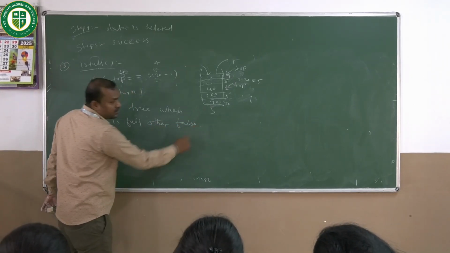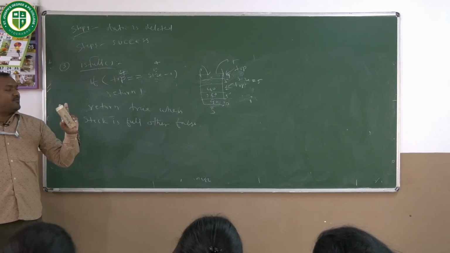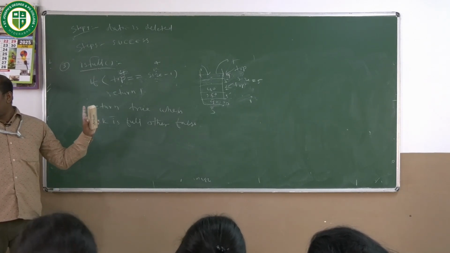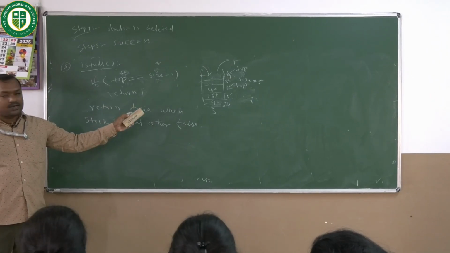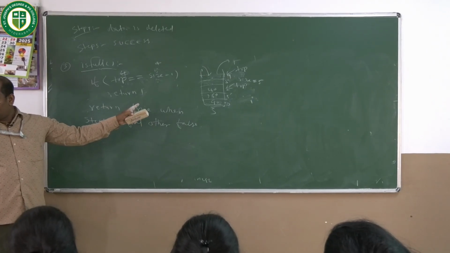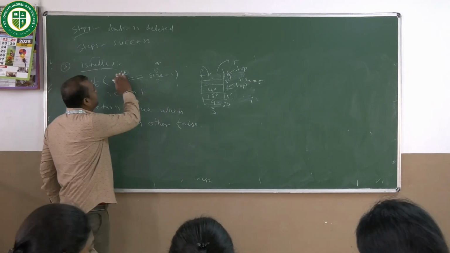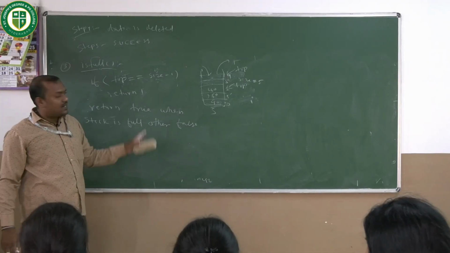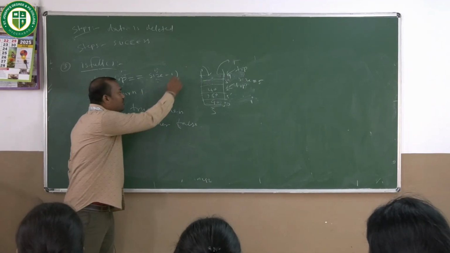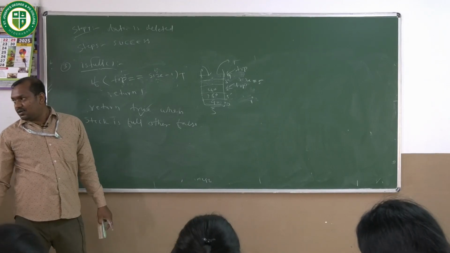Boolean value means either true or false. This function can return true or false: when the stack is full it will return true, otherwise it will return false. So the logic is this one, only one line of logic. If top equal to size minus 1, if this condition is true, then it returns true. Otherwise false.